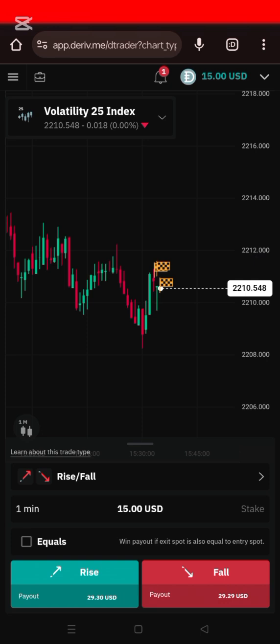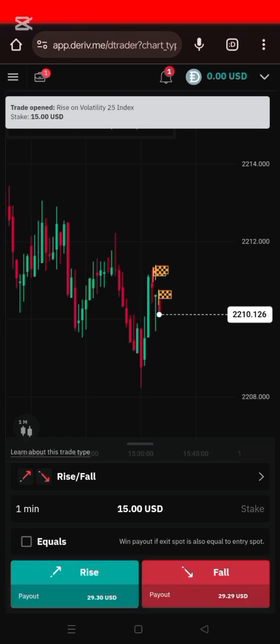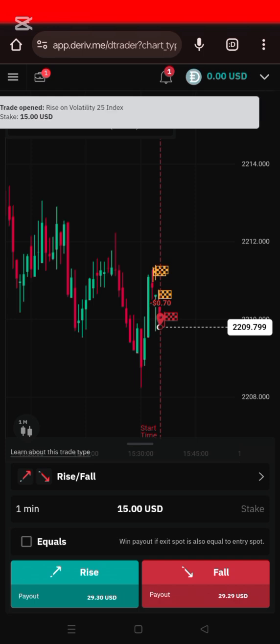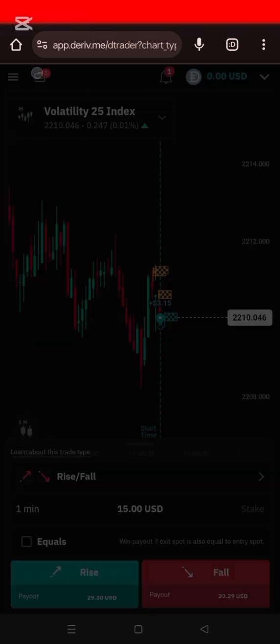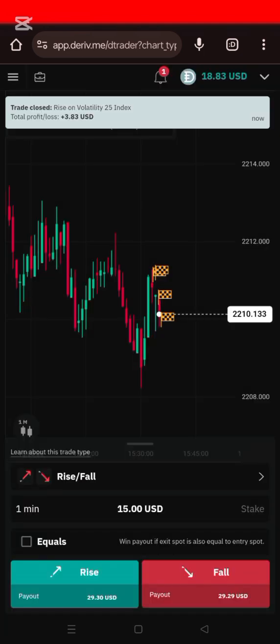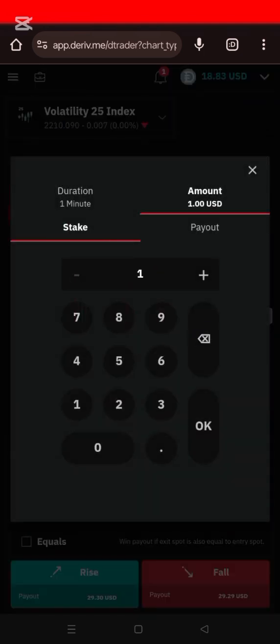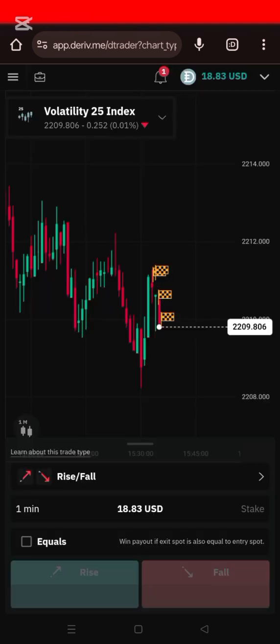Remember, we are targeting a rise on this market, but when an opportunity for a sell comes in, we pick a rise. Like now, I'll pick a rise, because the candlestick has already reached the order block, and we scalp and get out. So you see at 18.83, I still compound and then wait.